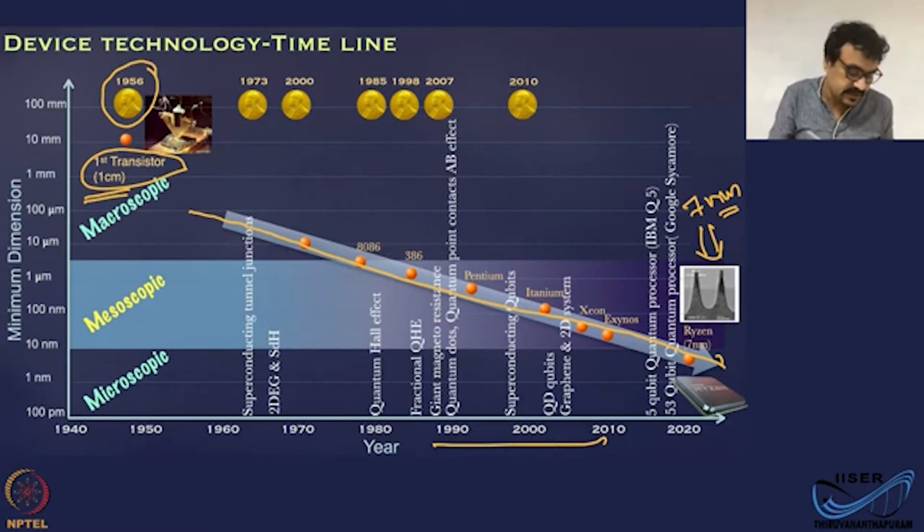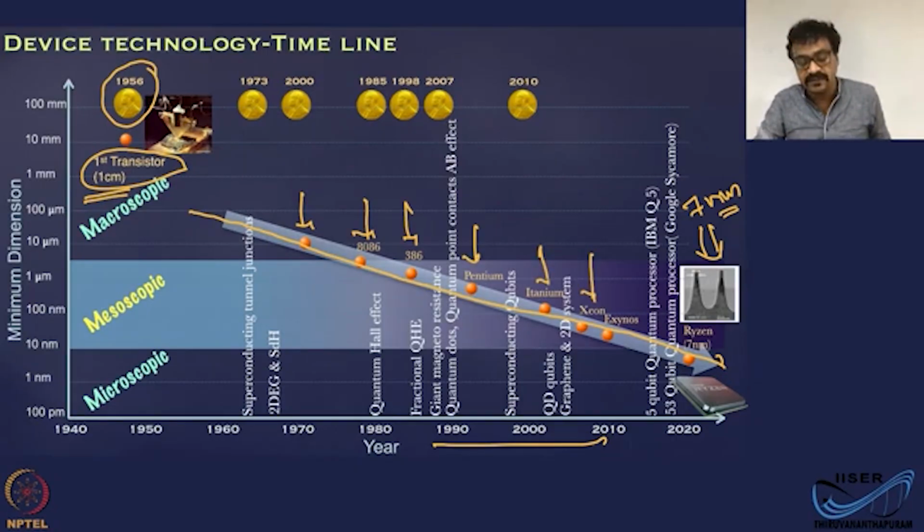So this chart shows a plot of the sequence of this revolution, how this has happened. And I have marked major milestones here. Those refer to major technology breaks, inventions, or upgradations over the years. And currently we are at 7 nanometer size.